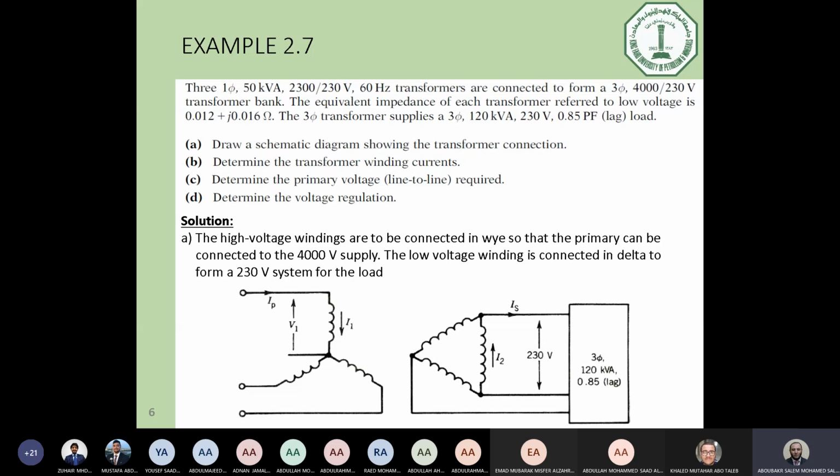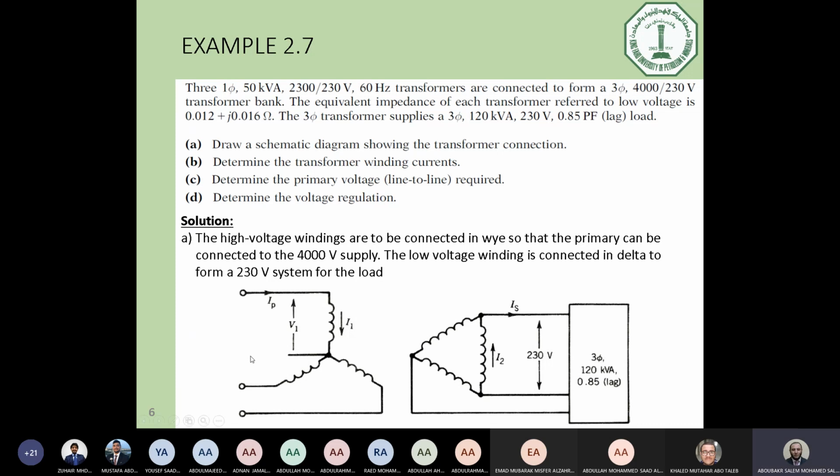Okay, Shabab? So in order to achieve line-to-line of 4000, it means you need to connect the primary as a star connection or Y connection. Why? Because in Y connection, the line-to-line equals square root of 3 multiplied by the phase one. So we have to connect the primary as star connection like that.